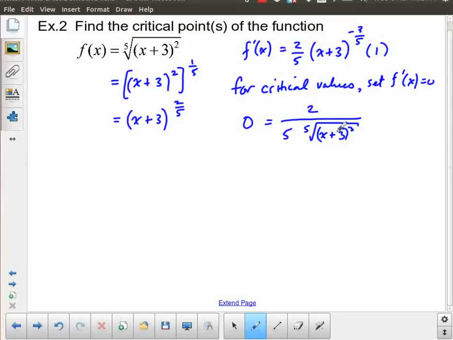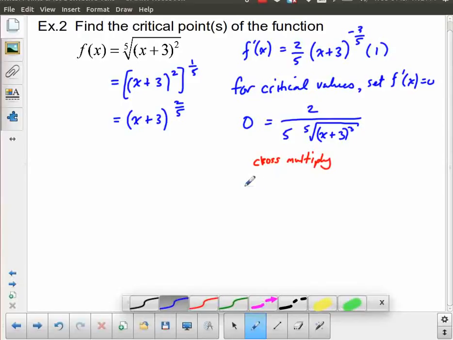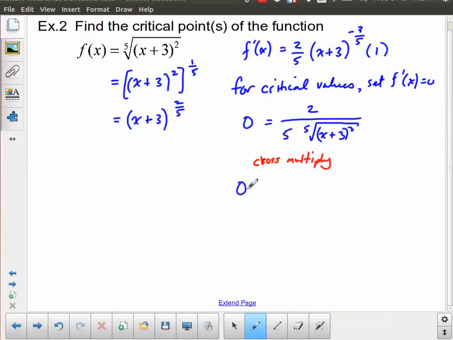So I've got 0 equal to this thing. Now typically, what we would do at this point is we would cross multiply. And when I do that, this whole denominator cross multiplies into the 0, becomes 0, and I end up with 0 equals 2.